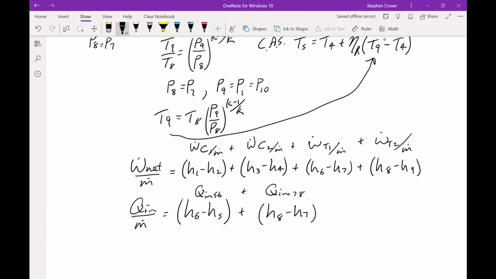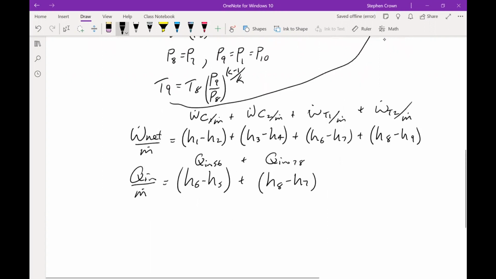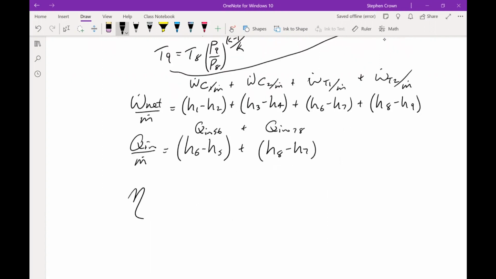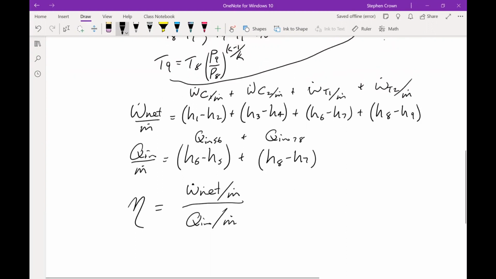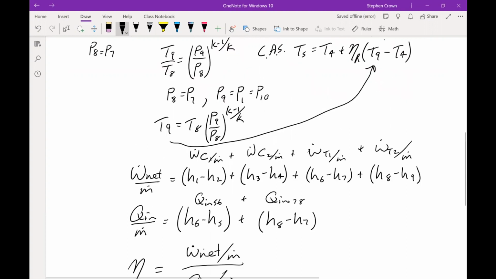And then our total efficiency for this complex system would be the net work per unit mass divided by Qn per unit mass. And this is cold air standard.